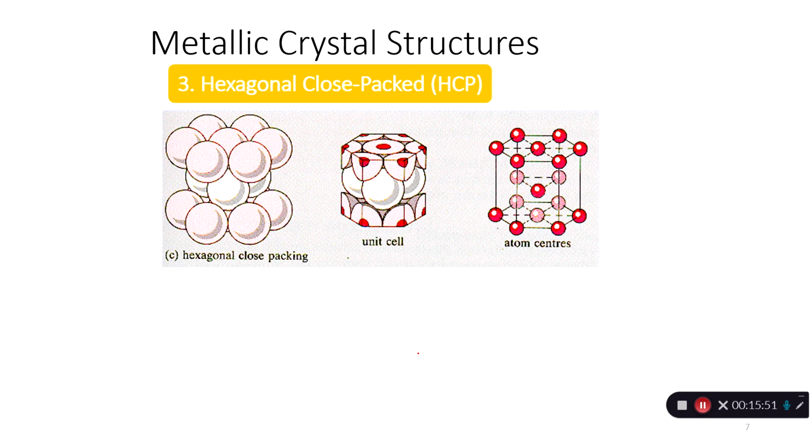Now, the last one is the hexagonal close-packed, okay, or HCP. So this is a bit different because the unit cell is not a cube. All right, it's not a cube, it's shaped of a hexagon. Right, and let's see if you can determine how many equivalent atoms are in here.